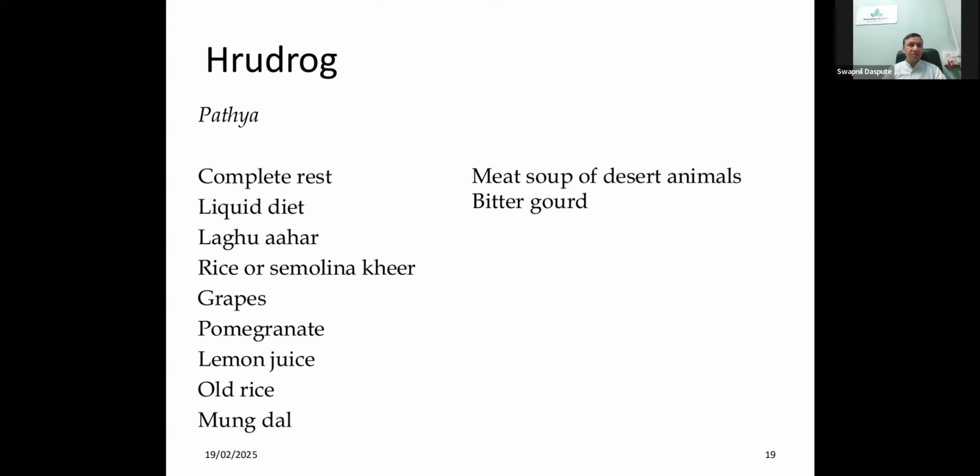Pathya: complete rest, liquid diet which is easy to digest. Laghu Ahara, again easy to digest. One more thing in Rudroga is we have to make sure that the patient doesn't have constipation, Malavashtambha.